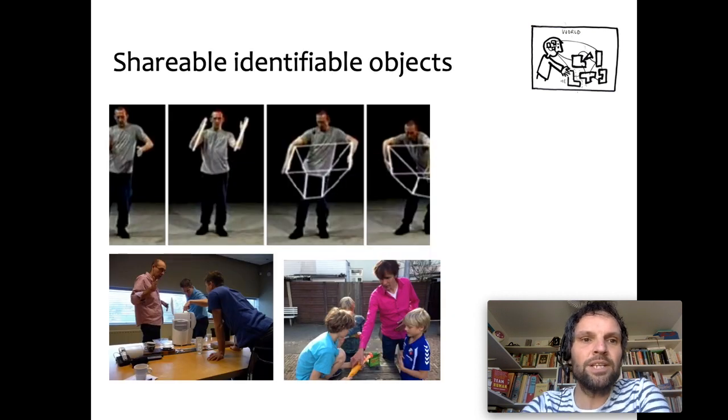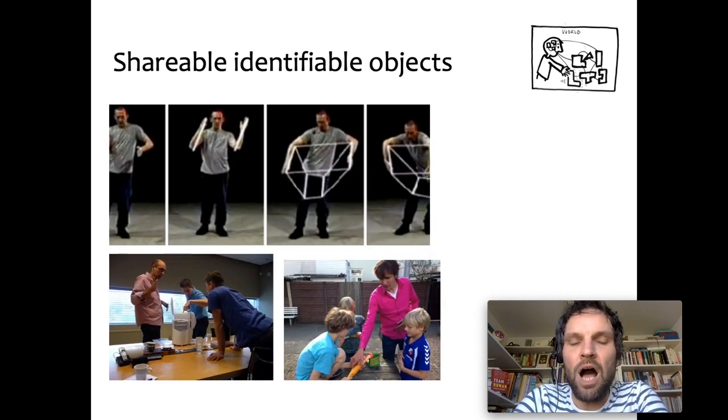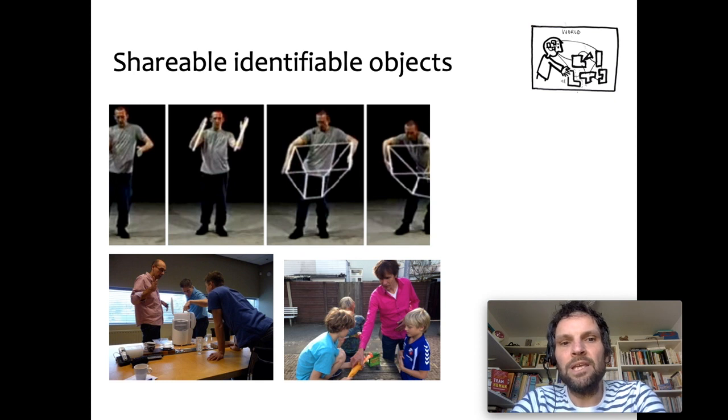So the first is the idea of shareable and identifiable objects. In the top, you see David Kirsch is discussing. He did a lot of work with dancers and choreographers, and he's looking at this one particular famous UK London choreographer. Think of the National Ballet or something like that. He makes all kinds of lines.